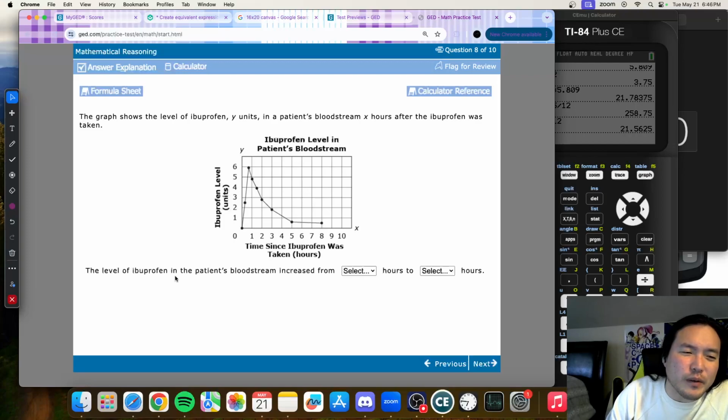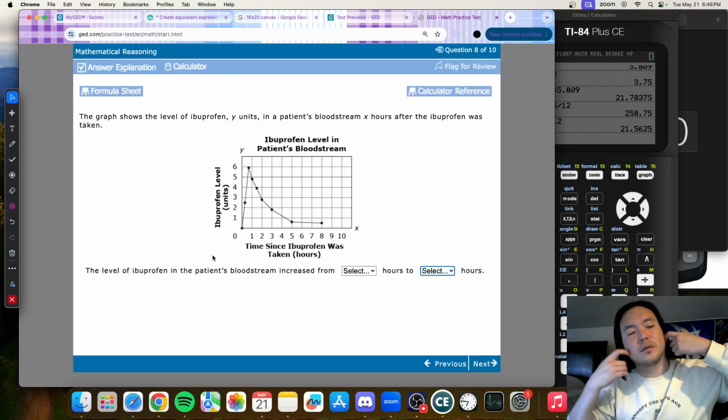The level of ibuprofen in the patient's bloodstream increased from blank hours to blank hours. Here are your options: 0, 2/3, 2.5, 5, 6, 8. Take a look at the graph.